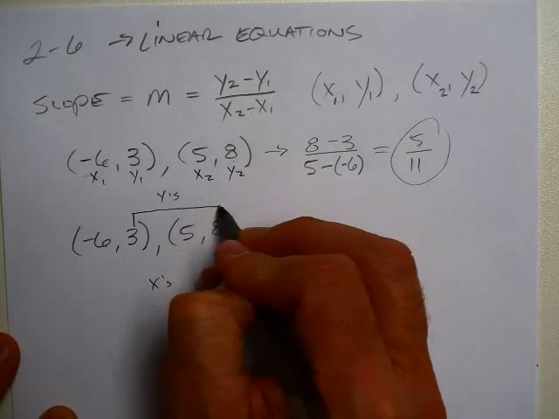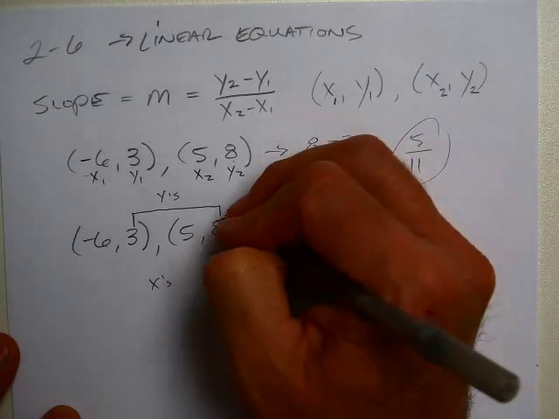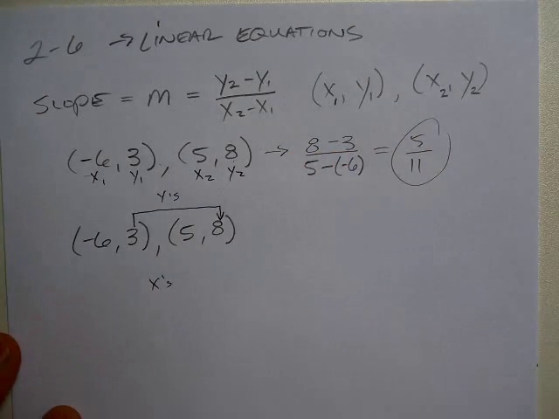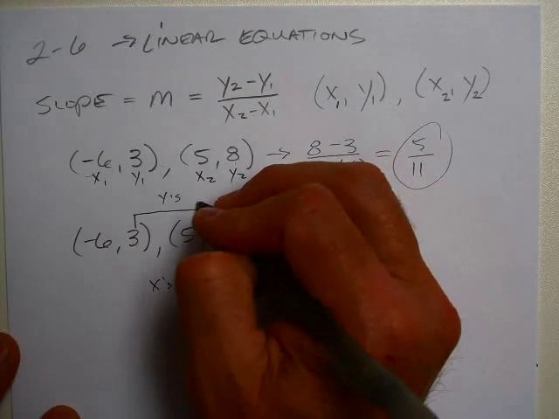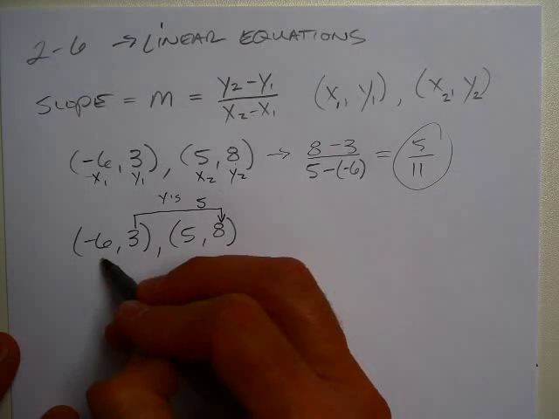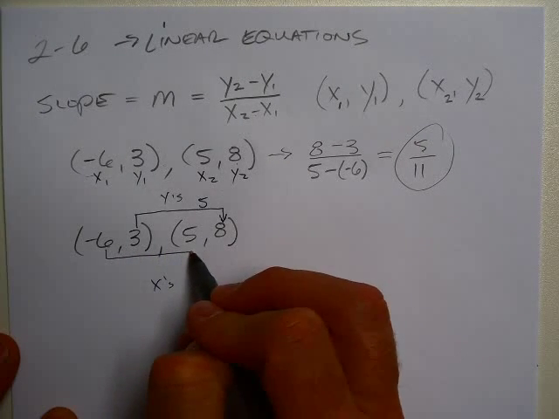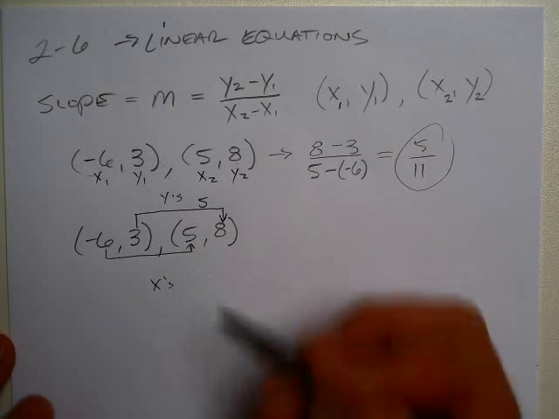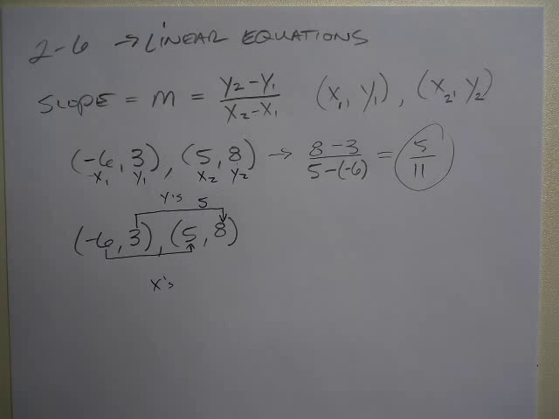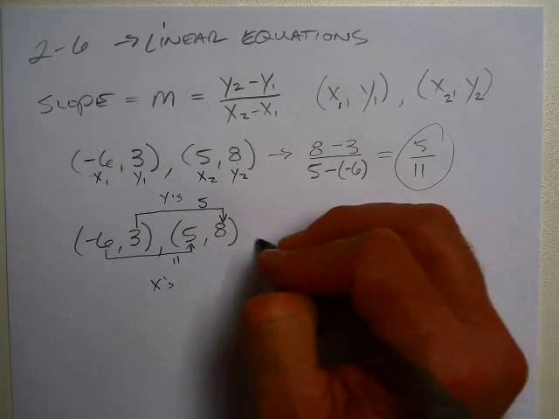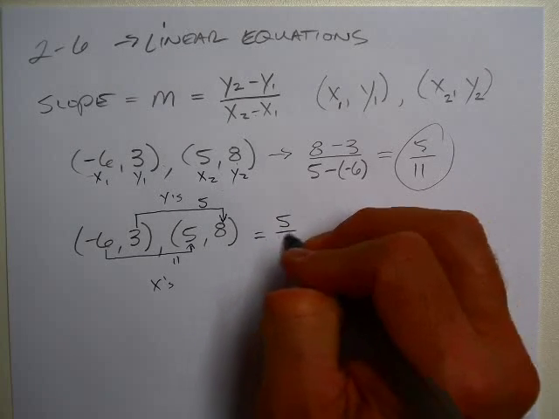How much traveling on a number line has to change to go from 3 to 8? That's plus 5, right? And for the x's, how much change has to occur to go from negative 6 to 5 on a number line? That's your 11, right? So your slope, 5/11.